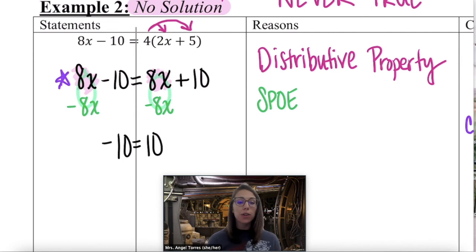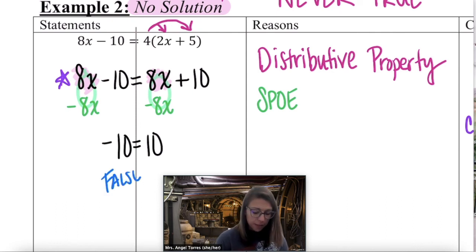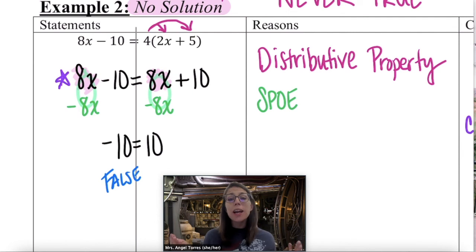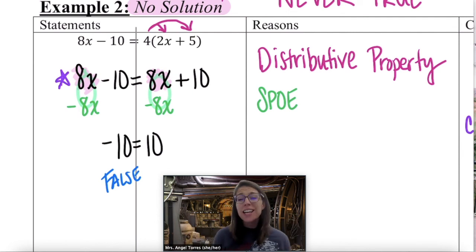Now here's what you have to look for. Does negative 10 equal 10? Is that true? Not the last time I checked. This is false. Negative 10 doesn't equal positive 10. Well, if you use all of your properties of equality and you end up with an equation that's false, that means it's always false or never true, and there is no solution here.